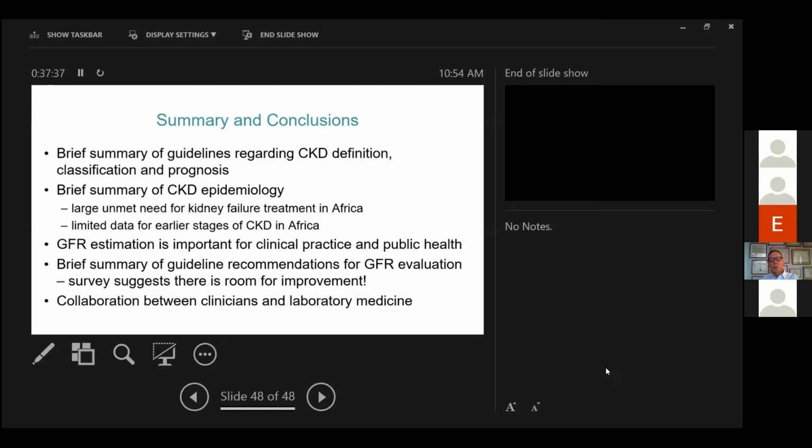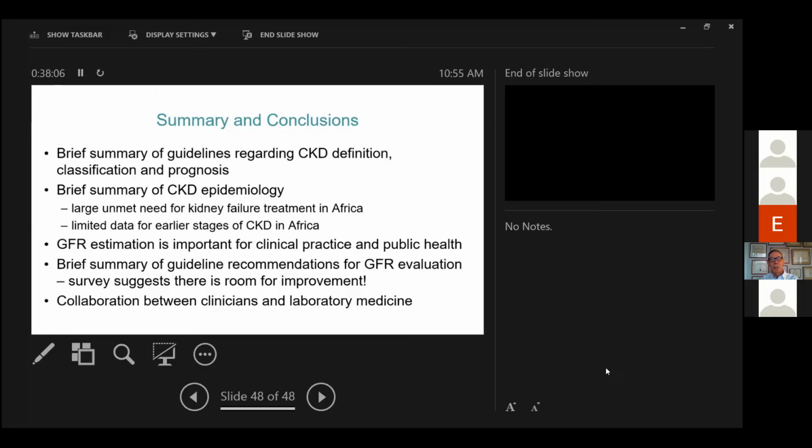We think this is most consistent with public health measures for other diseases that are cardiovascular risk factors, such as hypertension, hypercholesterolemia, diabetes, and obesity, in which there's an increase in the prevalence of those conditions with age, but there's no age stratification in the definition. So if the GFR is less than 60 in an elderly patient, we call that CKD.